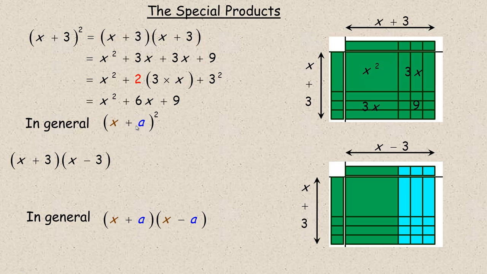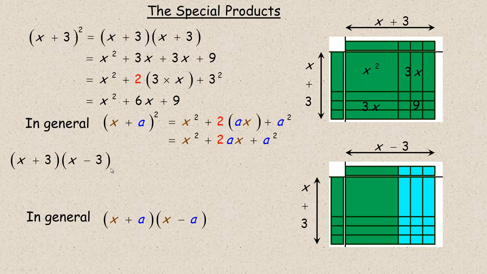So in general, x plus a squared is, and this is what I'm thinking so that I can write the answer down right away, directly from here to here: x squared at the beginning, a squared at the end, and this is always a times x doubled. This ax comes from multiplying the two parts of the binomial together. So x squared plus 2ax plus a squared is what x plus a squared expands out to.